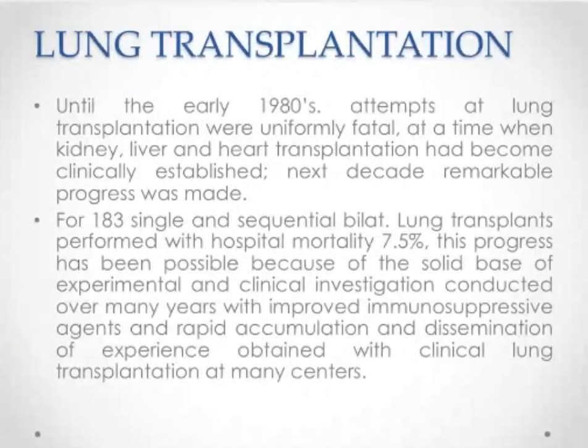Still, we do either a single or sequential, meaning bilateral, lung transplantation. Can I do only one lung transplantation or sequential? Meaning both lungs, or sometimes what we call a heart-lung transplantation. We take both of the lungs and the heart, especially in Eisenmenger disease.